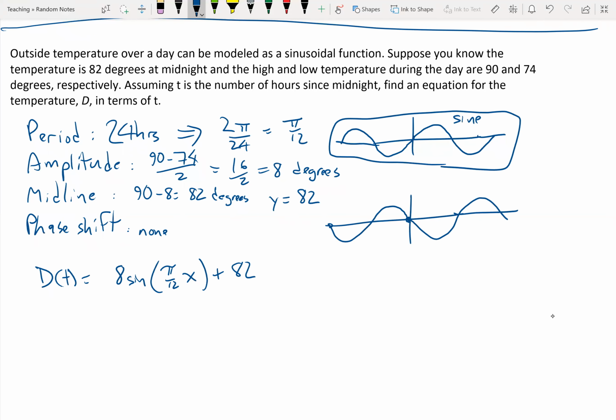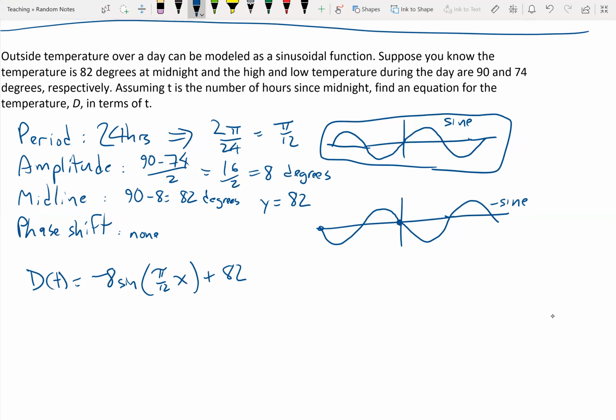The graph of this temperature function actually looks like this lower graph I've drawn, which is just a negative sign, because if you reflect a graph over the x-axis, you just multiply by negative. So my final answer is to put a negative in front of the 8. There we go. So negative 8 times sine of pi over 12 x, and then plus 82.